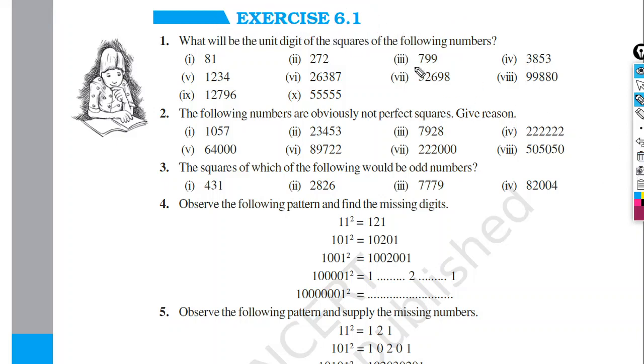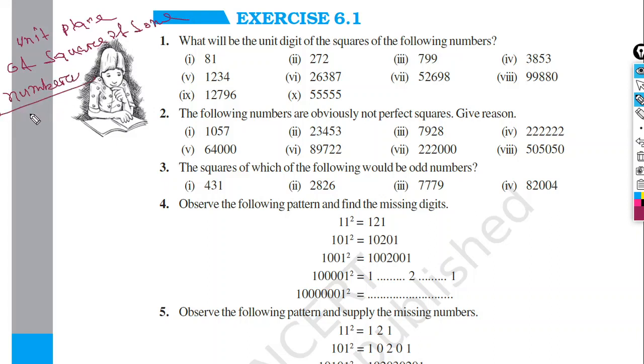So before going to the exercise, I would like you to remember something that we had studied in the last class. We had discussed about the unit place of square of some numbers.